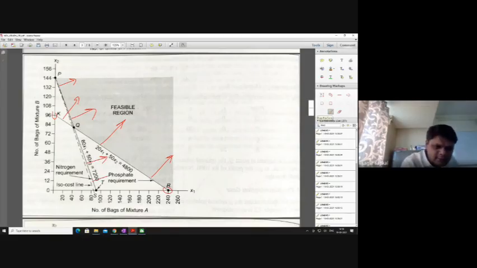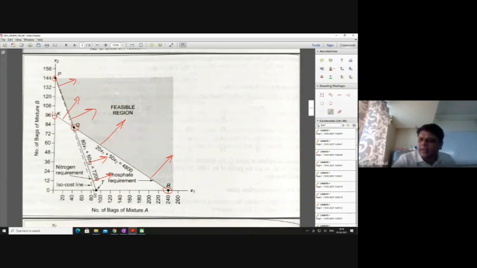Are you getting this? Okay. Now you choose those points which are away from 0, 0 and they get cut by all the lines which we have drawn by considering the constraints into account. Okay, so there are two only. So we will get P, Q, and R. These are the points, and they will bound the feasible region.